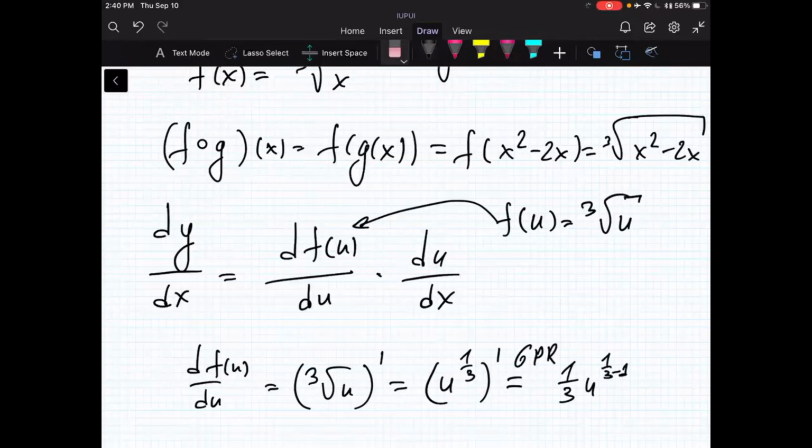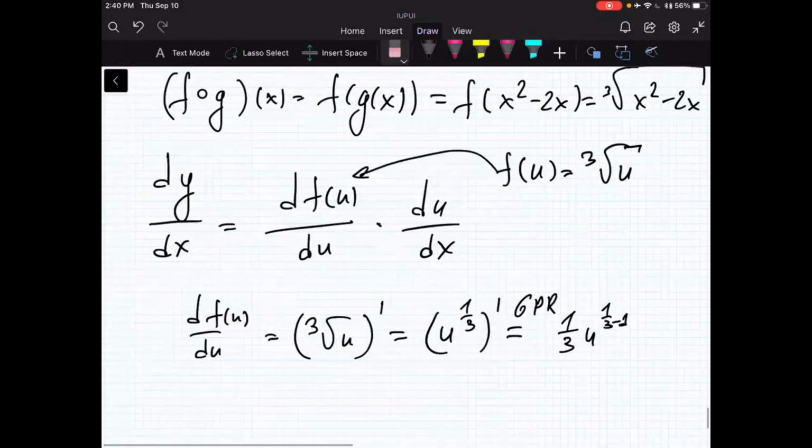I'm differentiating not with respect to x, right? That is the big difference. I'm not considering u here as a function of x. I just consider u itself. So it's a function of u, and I differentiate with respect to u. There is no x here so far.